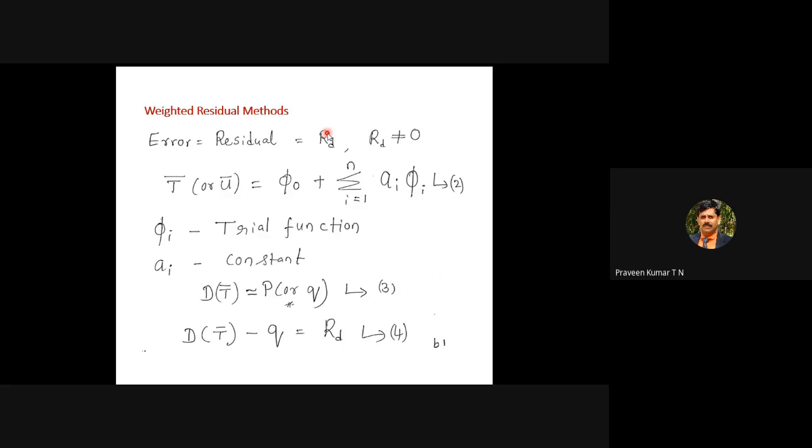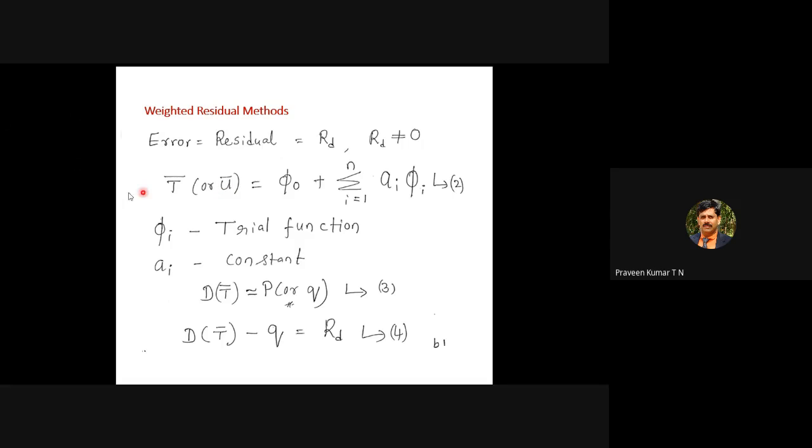Now you have to define the temperature. In the finite element method, you are defining the temperature function. In general, in the Galerkin method or weighted residual method, we have U bar. U refers to the actual displacement, so I am differentiating between U and U bar. U bar refers to the approximate displacement obtained from the finite element method.